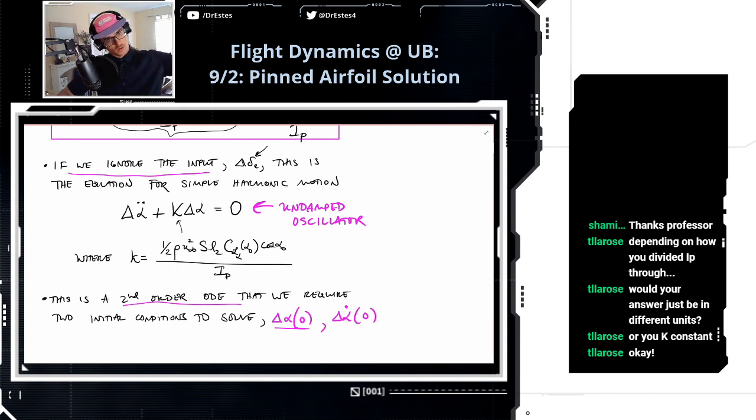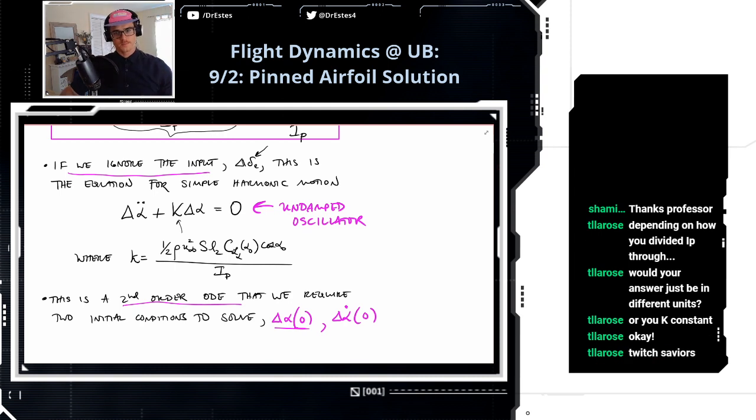Quick recap. We did the sum of moments. We had a nonlinear equation. We solved for equilibrium. About equilibrium, you can solve for perturbation dynamics. In the case where you consider the equilibrium where the elevator angle is 0, you get an equation that looks like this.